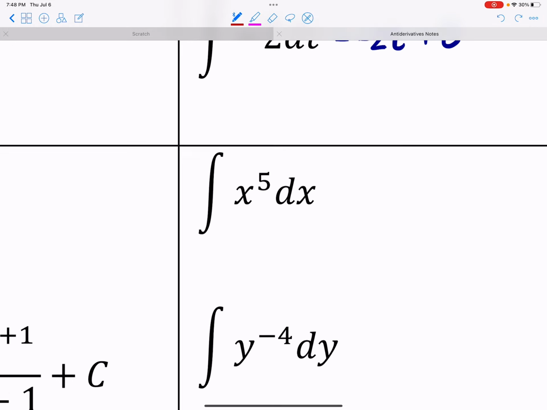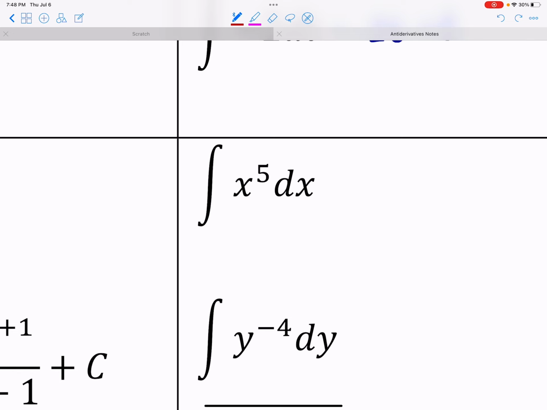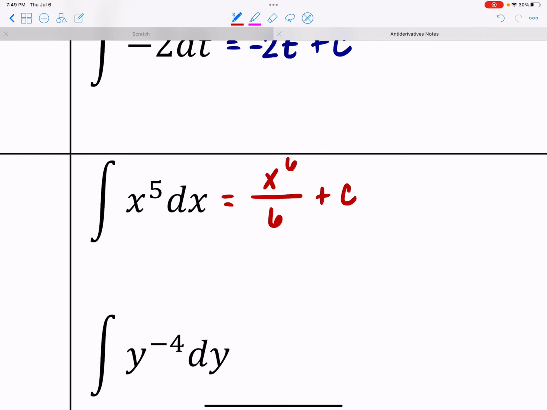So for example, the integral of x to the 5th, the antiderivative here, we're going to add 1 to the exponent, making it x to the 6th, and then divide by that new exponent. So we're going to divide by 6 here, and then we're going to add on our constant, and that's it. If you wanted to rewrite this, you could. I don't necessarily like that fraction form, but you could totally leave it there.